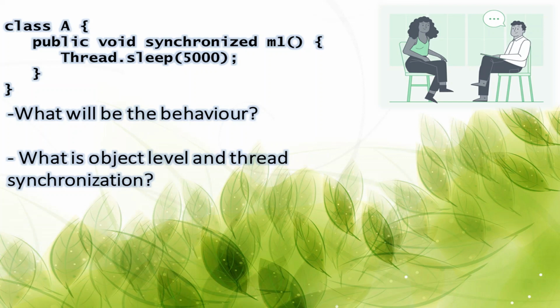And if I want a class level lock, then I'll declare that method synchronized. In that case, at once only a single thread will be able to execute that method, else other threads will be in waiting state.